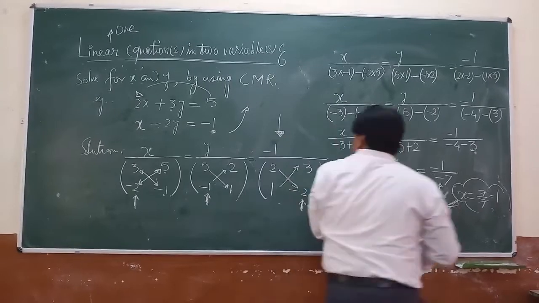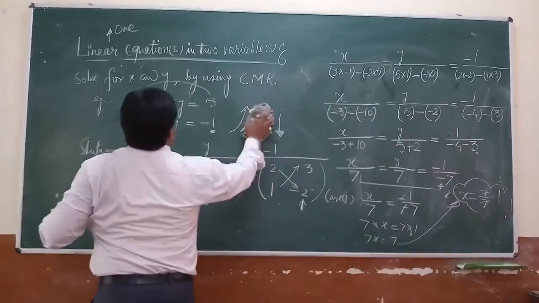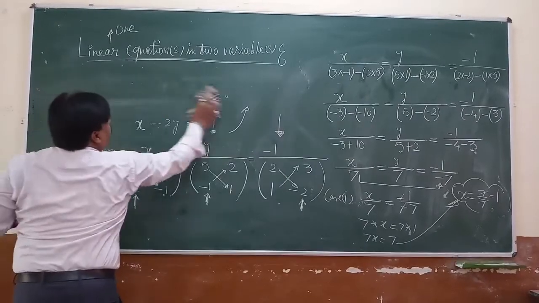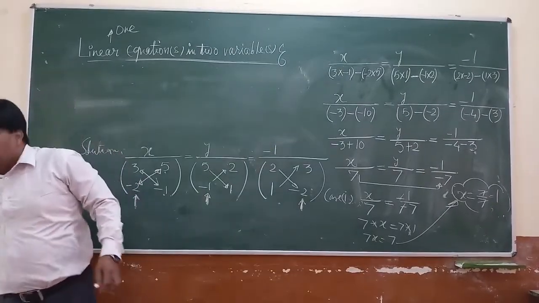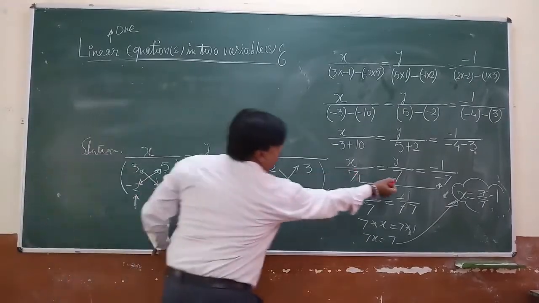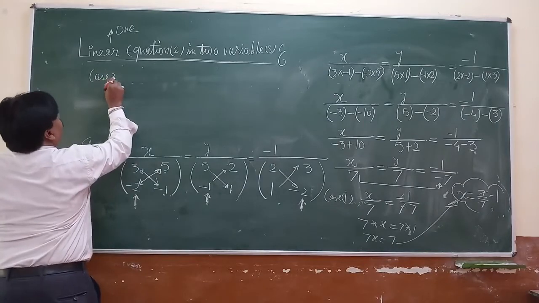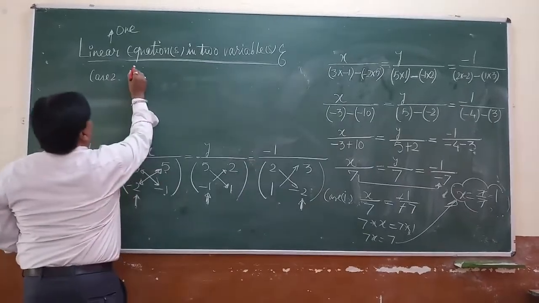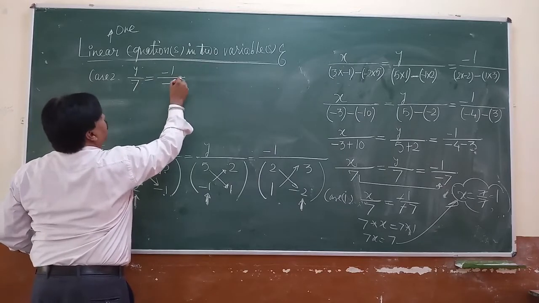Now second case we are taking. See now, second case is y over 7 is equal to minus 1 over minus 7.